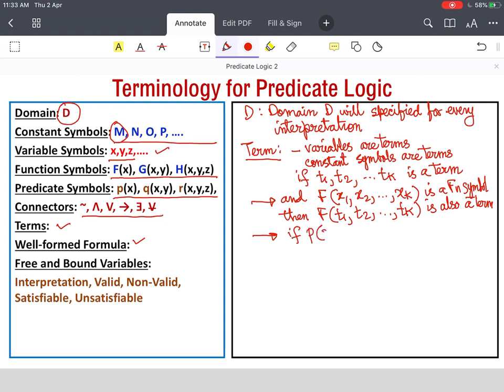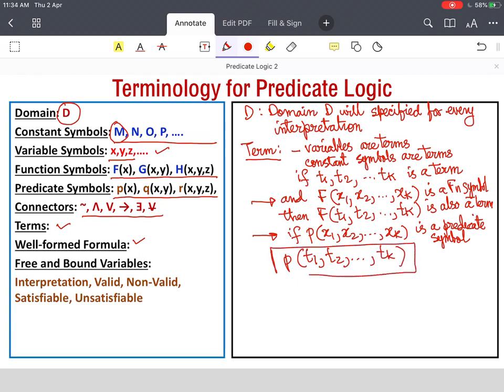Similarly, if P is a predicate symbol with arguments, then we can augment this as P T1 T2 to Tk. What will happen here? This will become what is called a well-formed formula.